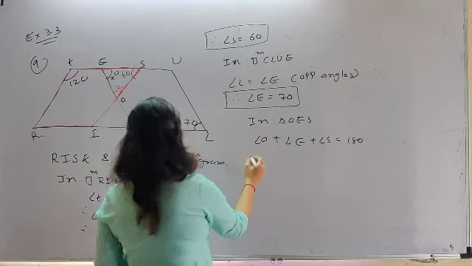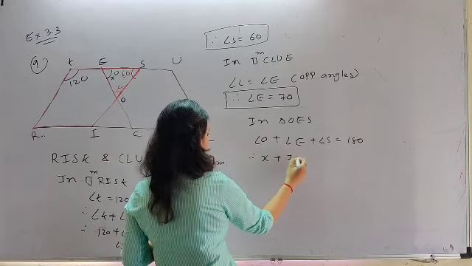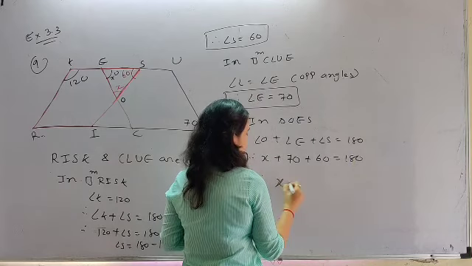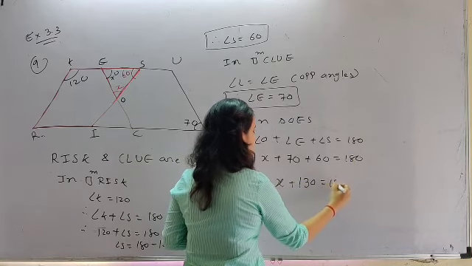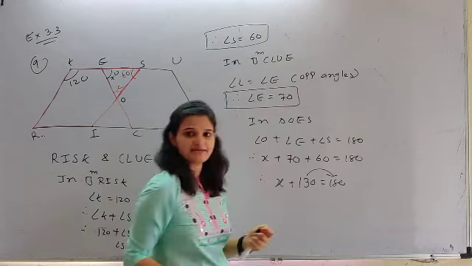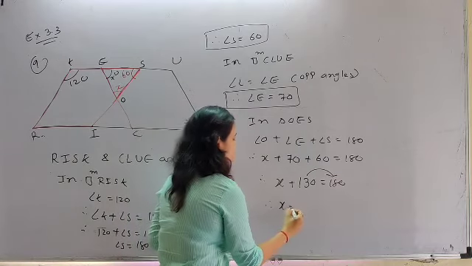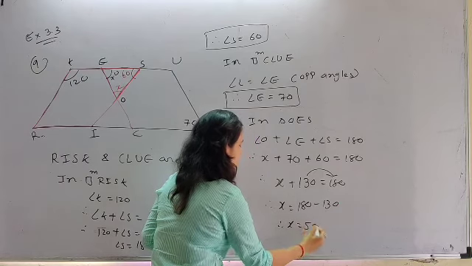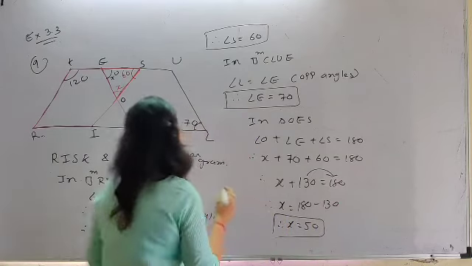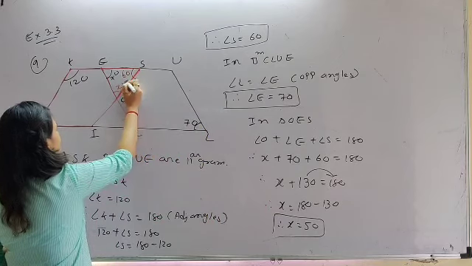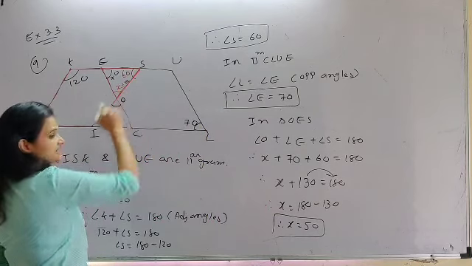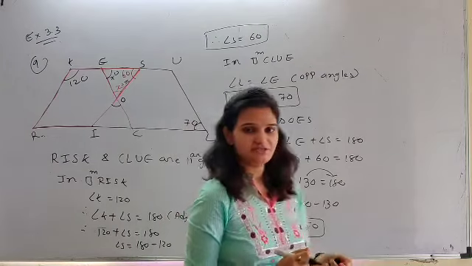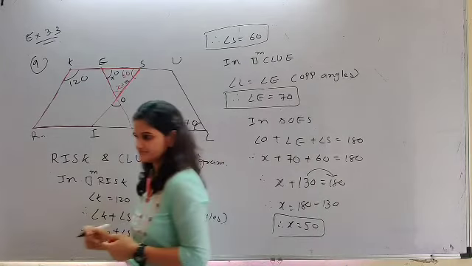So x plus 70 plus 60 is 180. So x plus 130 is equal to 180. Sign change, so x will be 180 minus 130. So x will be 50. Thus this angle is equal to 50. If they had asked for this angle, then they are vertically opposite angles, so it also will be 50. Clear? Copy this.